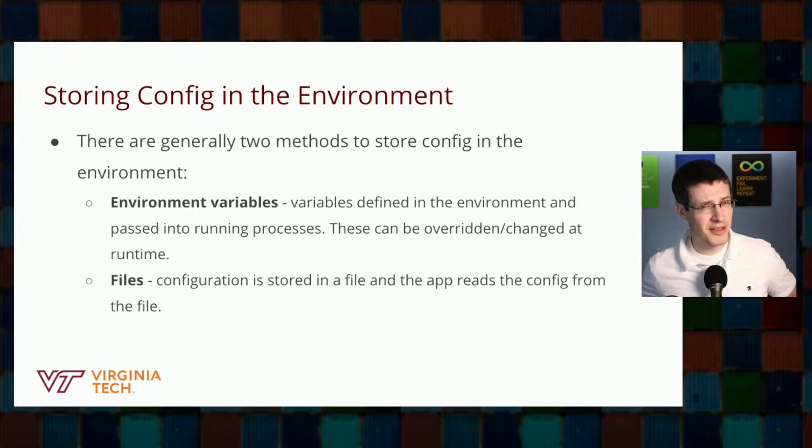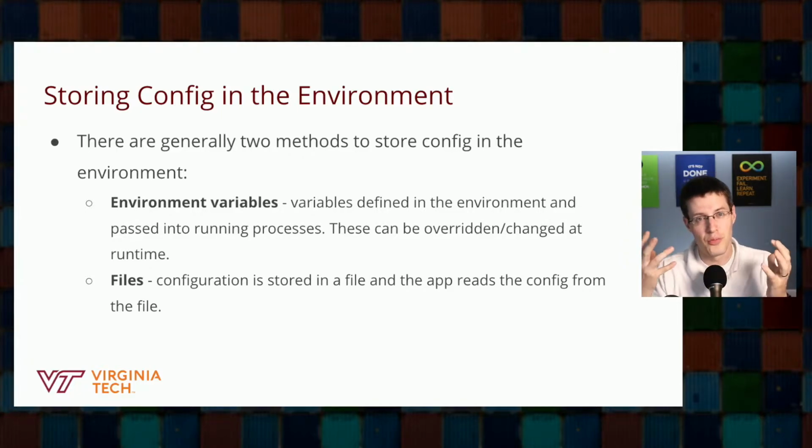So storing config in the environment, like it said, how do we do that? What mechanisms exist in the environment for us to do that? Now, container orchestration frameworks make it a lot easier because they are built with this configurability in mind. And so they do their best to make these easy. So first off is environment variables.